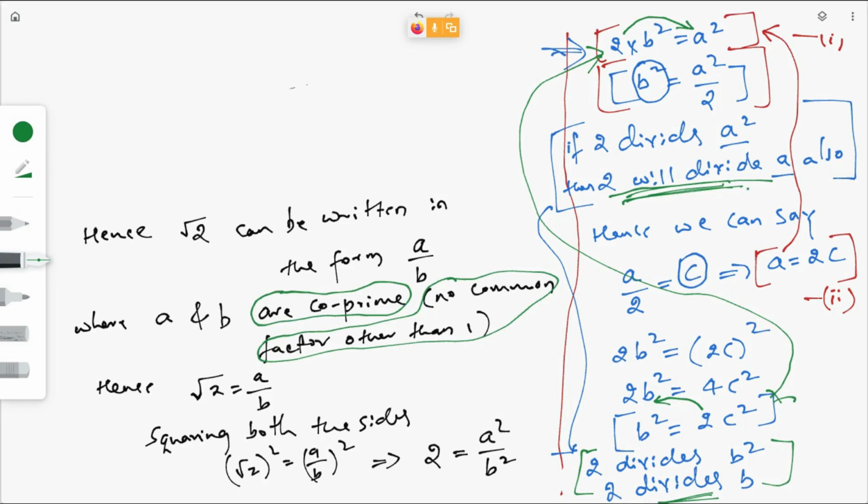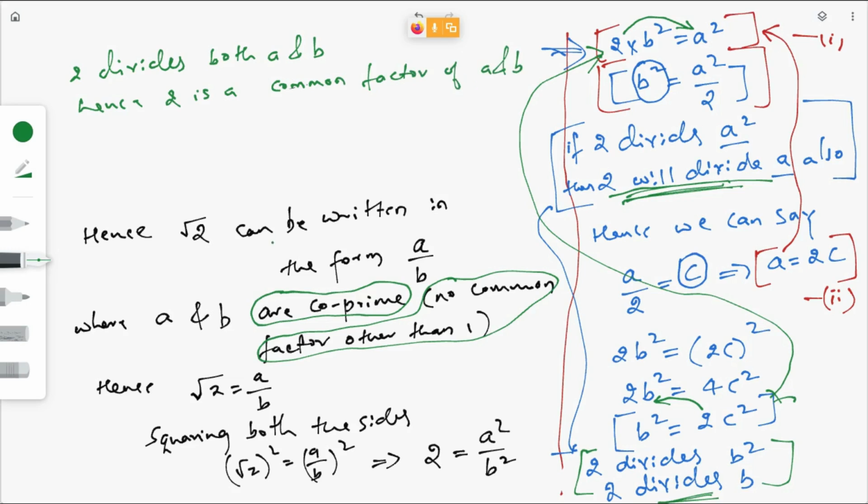Okay. So 2 divides both a and b, right? Hence 2 is a common factor of a and b.